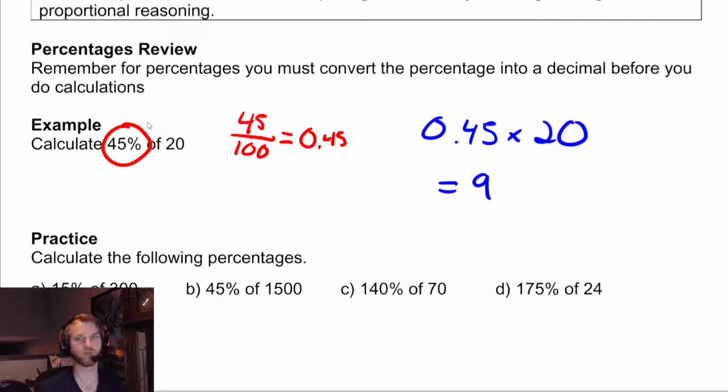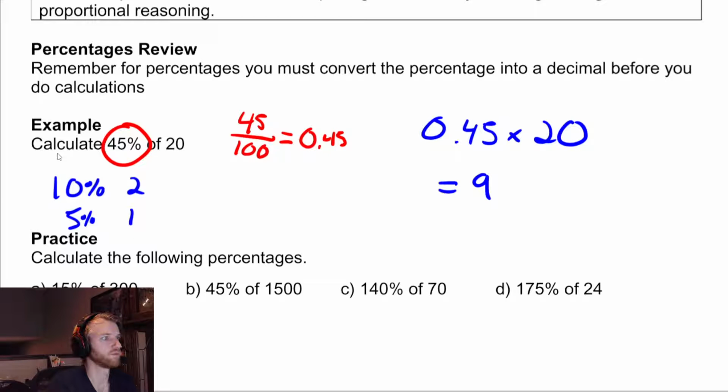It's going to be half of that. 5% is going to be 1. We knew that 50%, which we figured out mentally, was 10, and we want to know what's 5% less than 50%. 5% is just 1, so it's going to be 1 less than 10, and that's 9. Done.